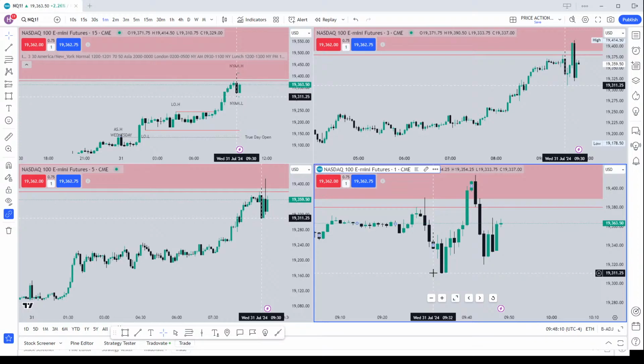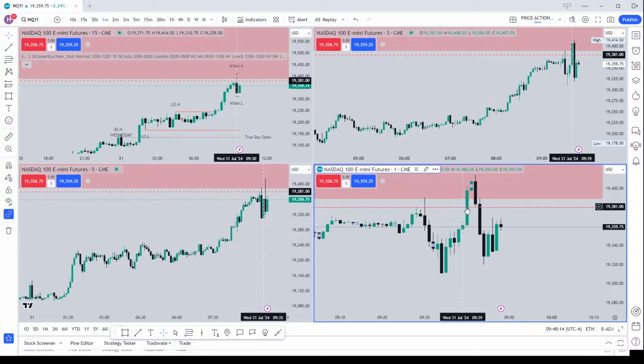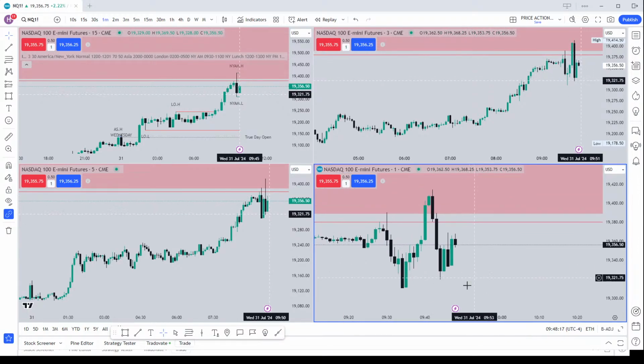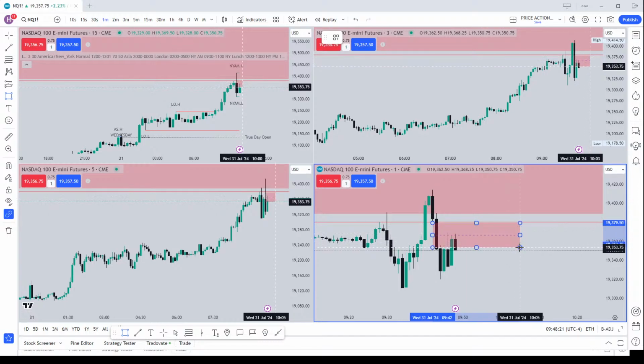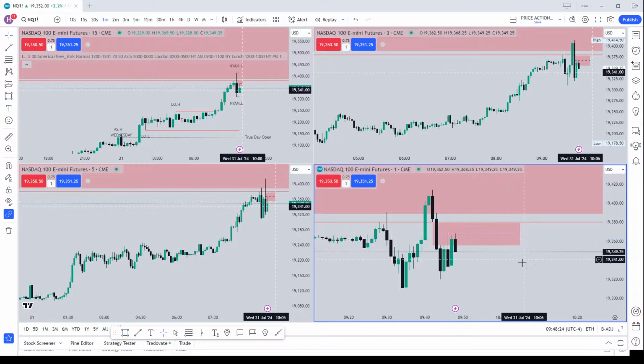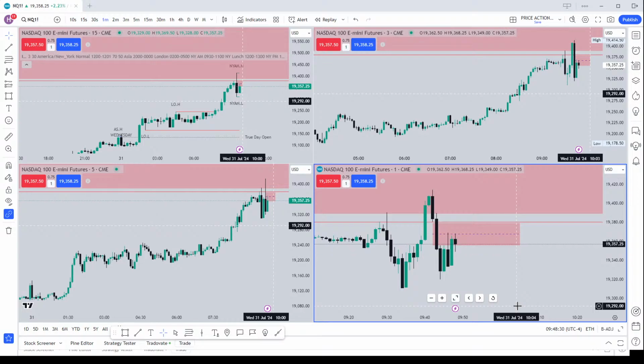We didn't get a break of structure on this one here, so I don't know if he will respect this fair value gap. This right here. I want to see if we respect this or we invert it.